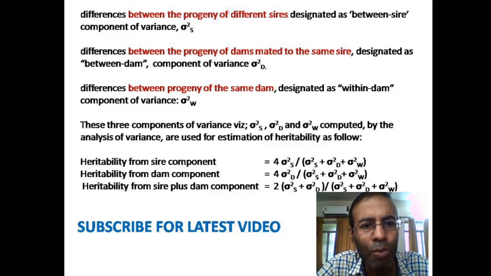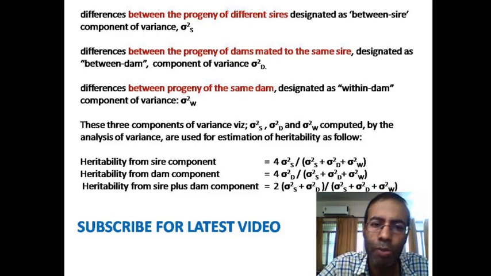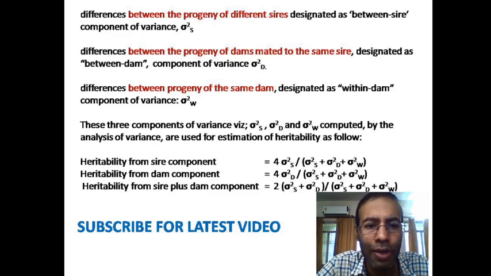Between sire component of variance is symbolized as sigma square s. Between dam component of variance is symbolized as sigma square d. Within dam component of variance is symbolized as sigma square w.